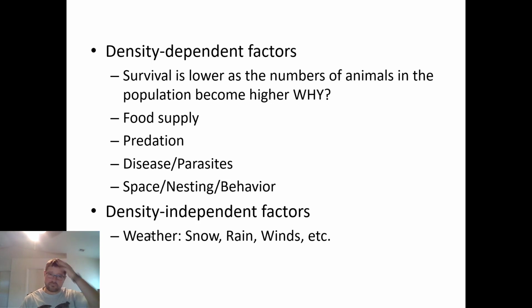So again, density independent factors are weather. However, the severity of the weather could be dependent on the density of a given organism, mainly just humans, because there are no other organisms that change the temperature of the landscape to the degree that we do. Now, there are some. You can say beavers change the temperature of a landscape by cutting down trees.